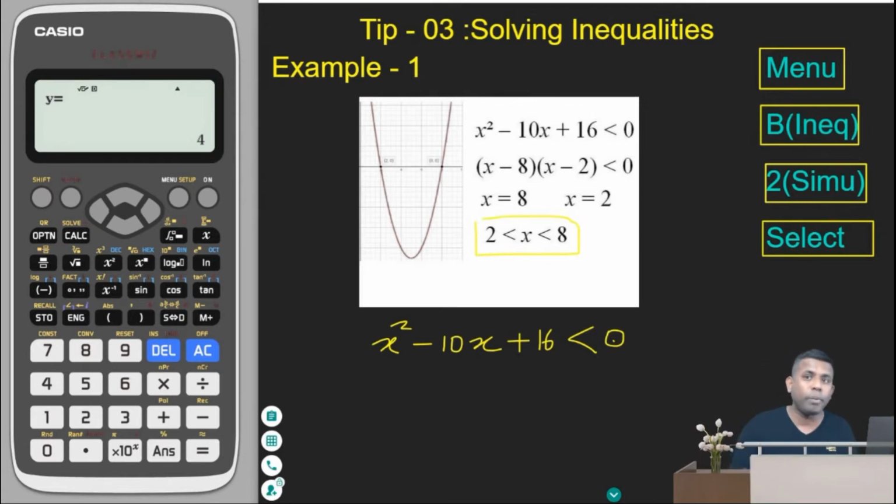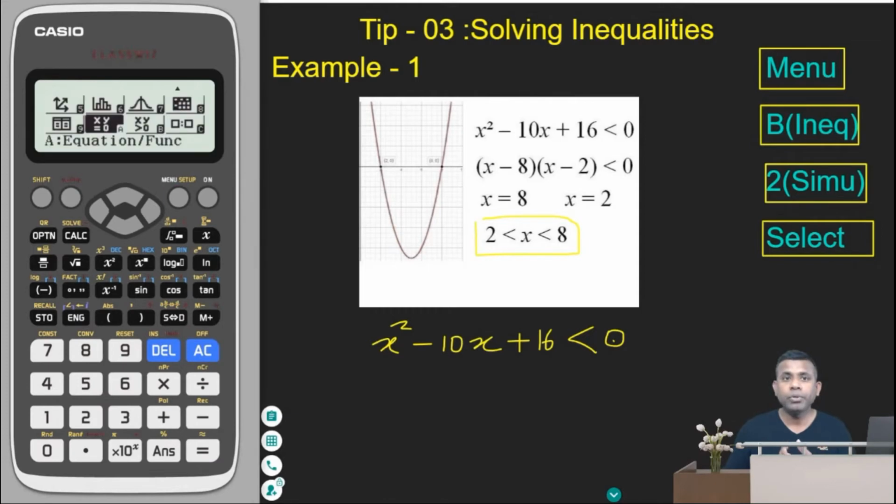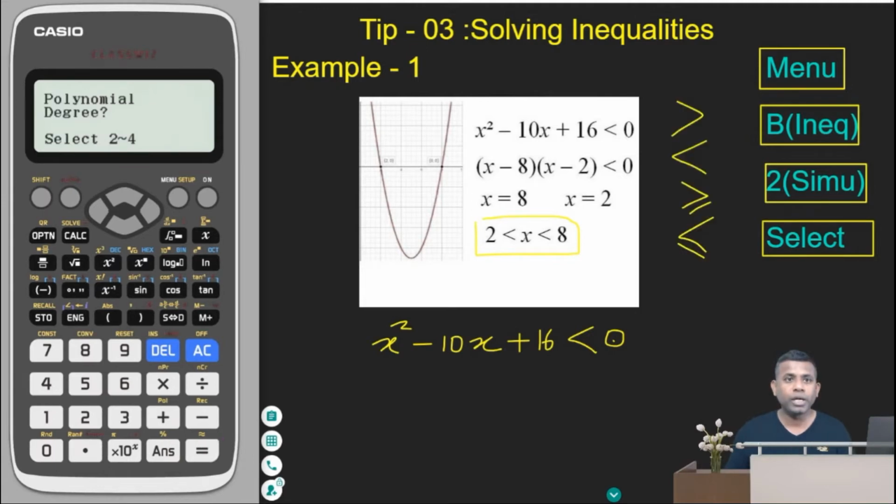So this is not a topic to explain how to solve the inequalities. I am going to show you how to do that on the calculator screen. So press the menu. Come to that equation, one step to the right, choose that option, and the polynomial degree is quadratic, so number 2, and the first one is the greater symbol. I'm going to use the second one, the less symbol.